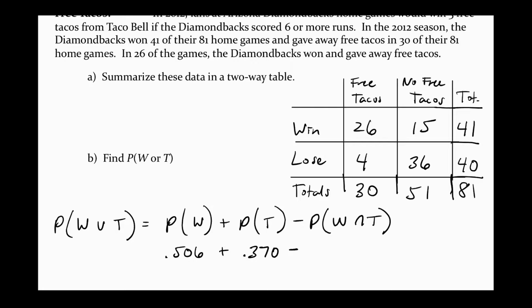Minus the probability of both. How do I find the probability of both wins and free tacos? Yep, find that box that happened. 26 out of what? 81. 81, good. We got 0.321.